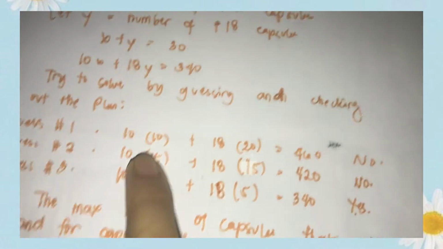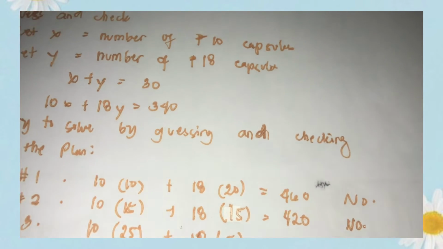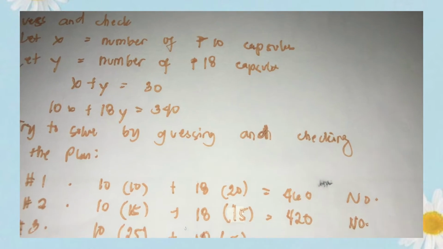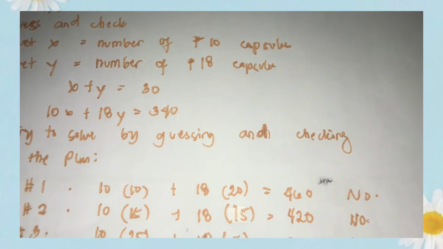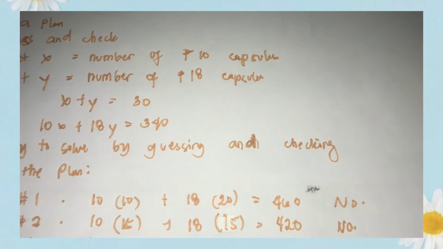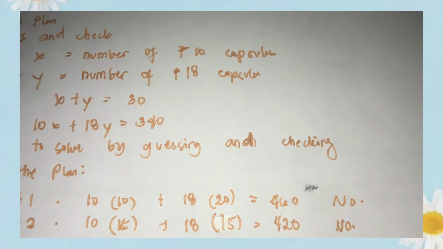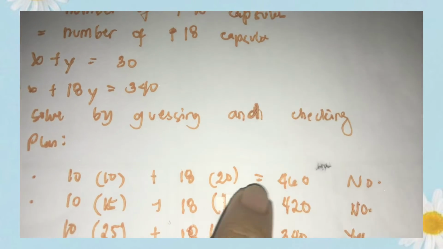Using the process of trial and error, let's calculate. 10 times 10 plus 18 times 20, the combined answer is 460.